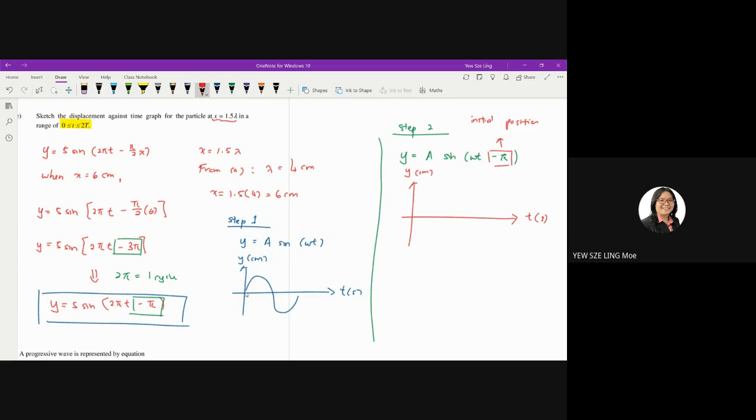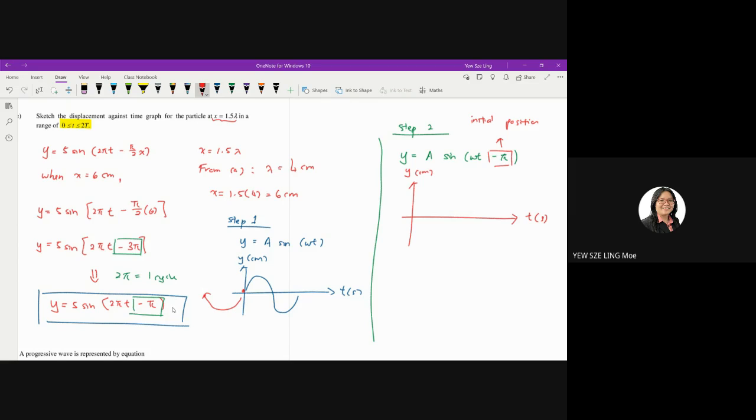If the equilibrium position, as shown in step number 1, starts from 0, and your object keeps moving backwards by 180 degree, you are going to shift your y-axis to the left because it moved by 180 degree.